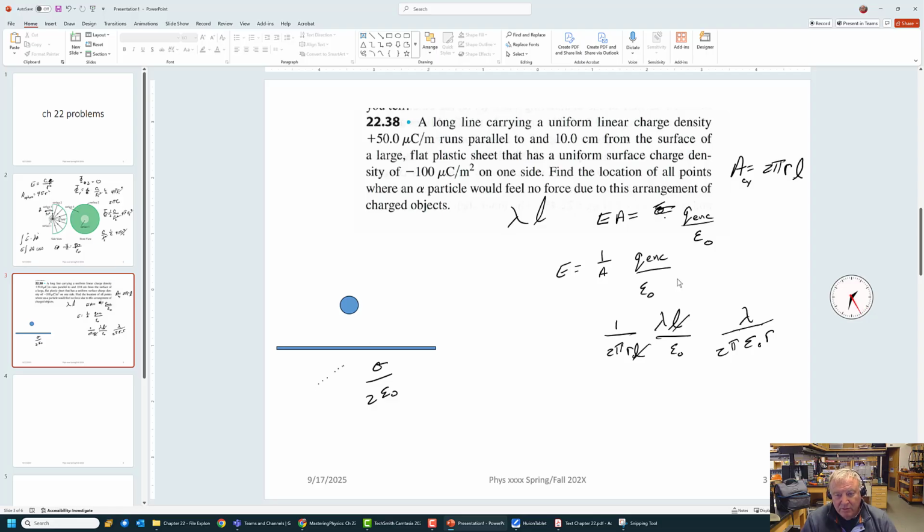And in this case, it's minus. So lambda over 2 pi epsilon 0 r minus sigma over 2 epsilon 0 equals 0.